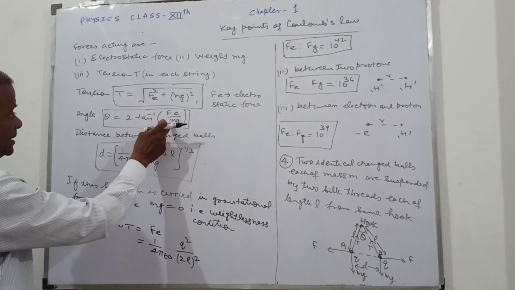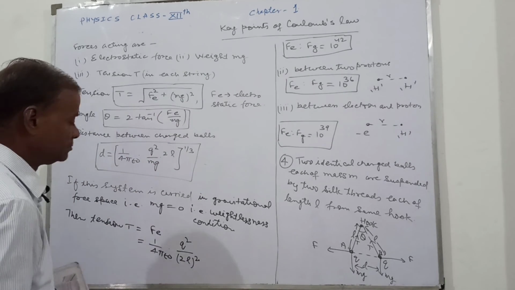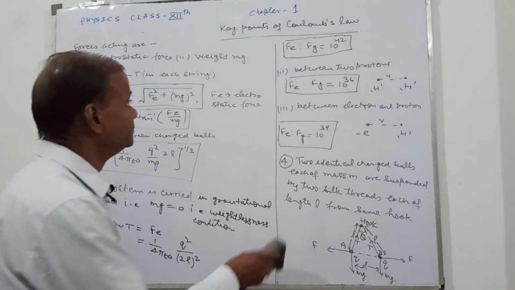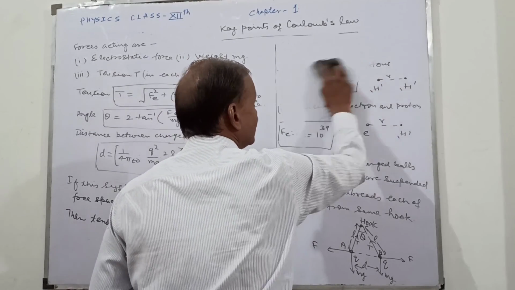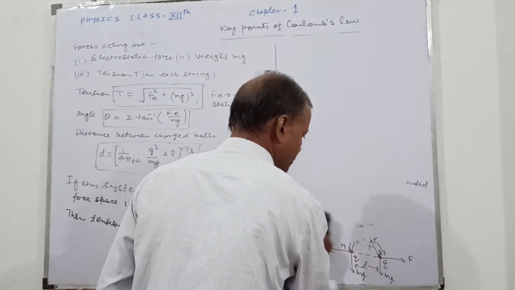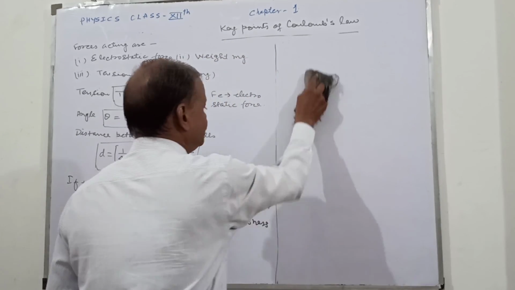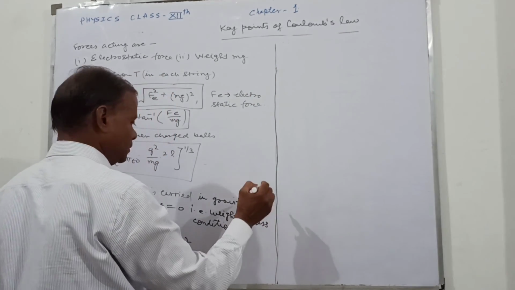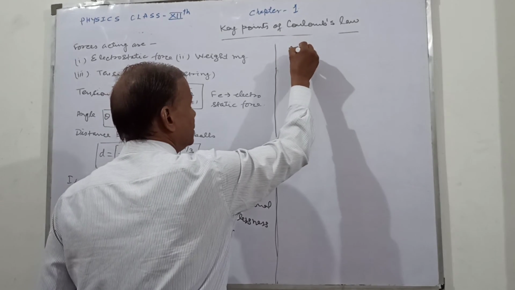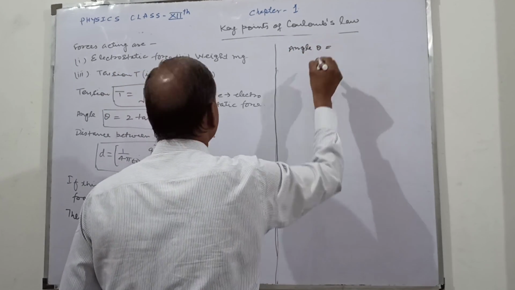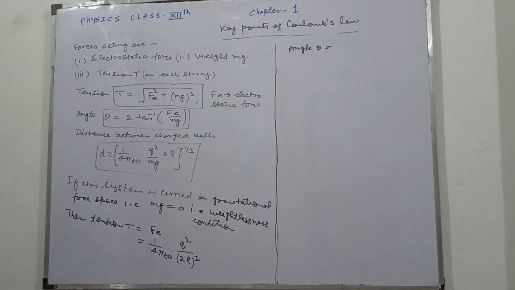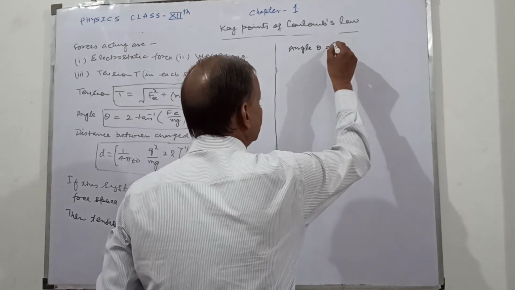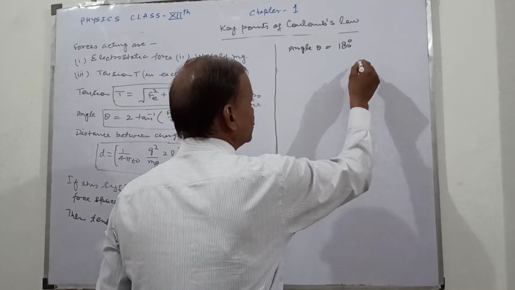And you can also find from here that with mg equal to 0, theta equals 180 degrees.